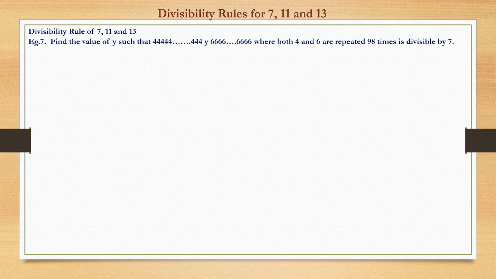So now we'll see an example. We find the value of y such that this number, where both 4 and 6 are repeated 98 times, is divisible by 7. So basically the number is 4, 4, 4, 4, 4, then y, then 6, 6, 6, 6, 6.